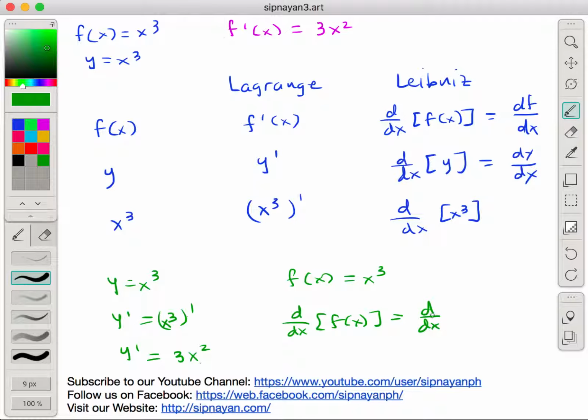So you get the derivative of both sides, which gives 3x squared. So basically, yan yung ating mga notation, yung kay Leibniz at kay Lagrange. Siguro I might introduce other notations later, pero as of now, yan na lang muna yung gagamitin natin.